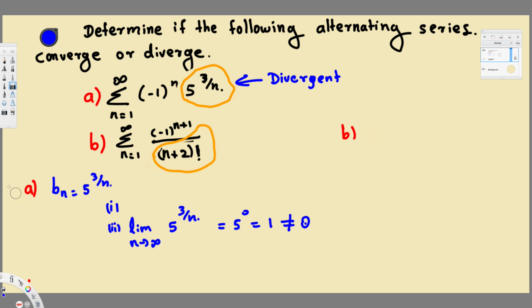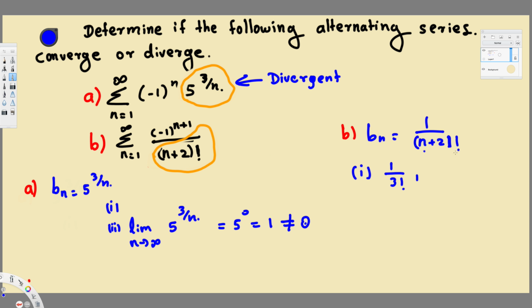For this one, bn is equal to 1 over (n plus 2) factorial, right? We are doing part 1 to find whether it is decreasing. Here n is going from 1 to infinity. When n is equal to 1, this is just 1 over 3 factorial, right?